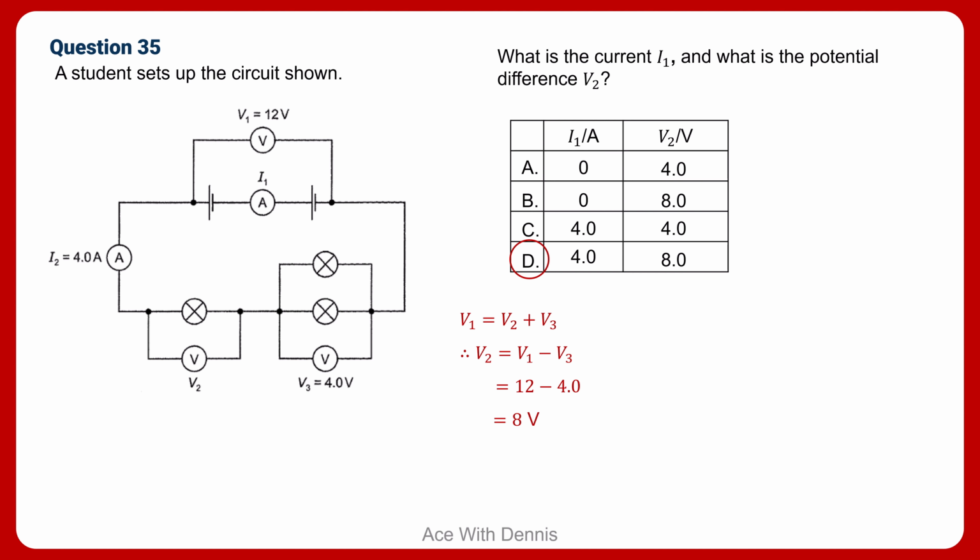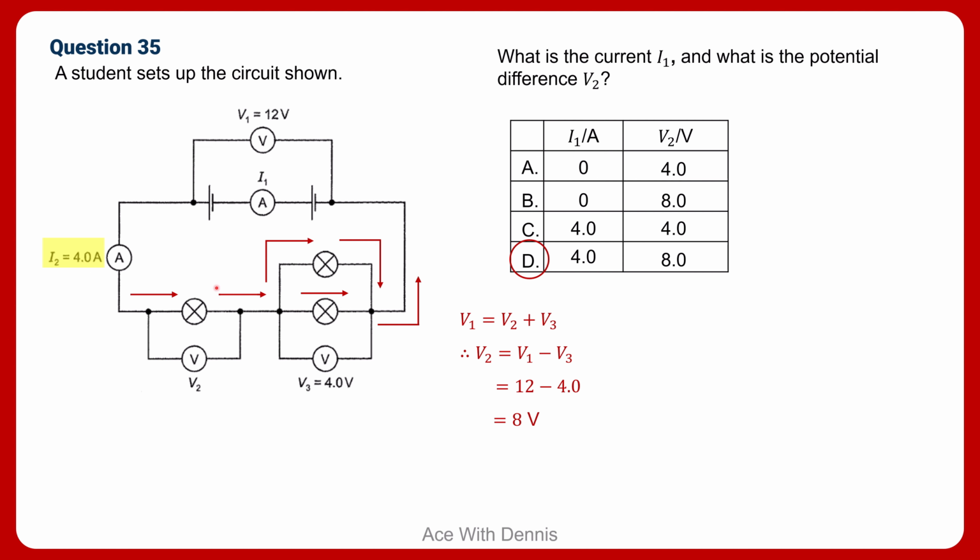Then to get current I1, first we start with I2 here. This is the reading of this ammeter, which measures the current flowing in this conductor. The current will continue to flow in this direction, pass through the first lamp, and then come to this node. It will split into the two branches and then collect back into this node.